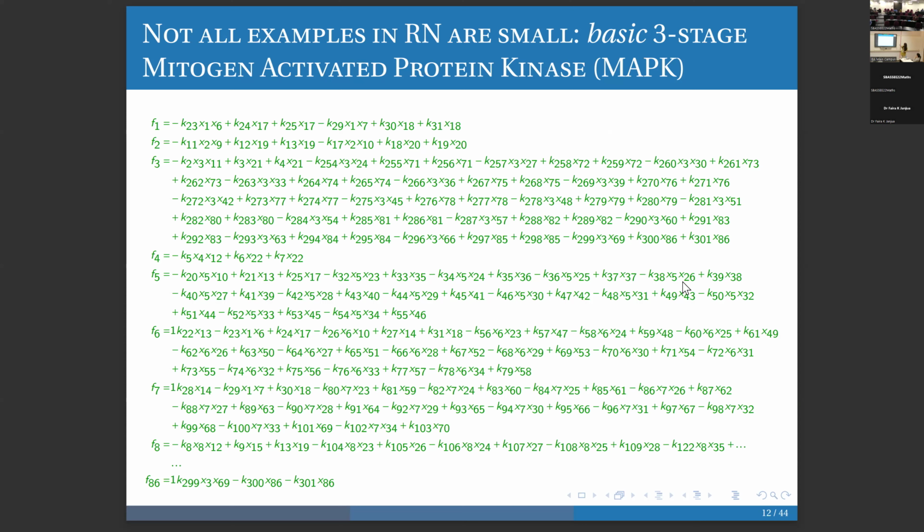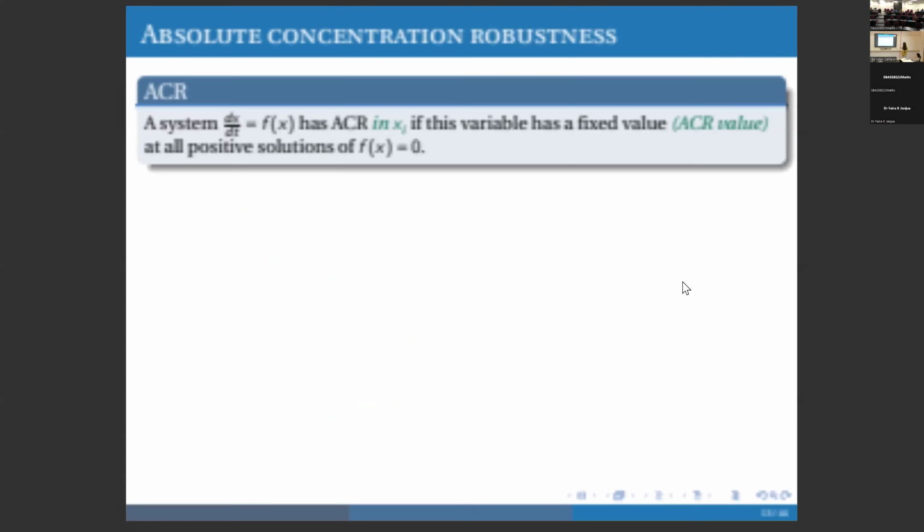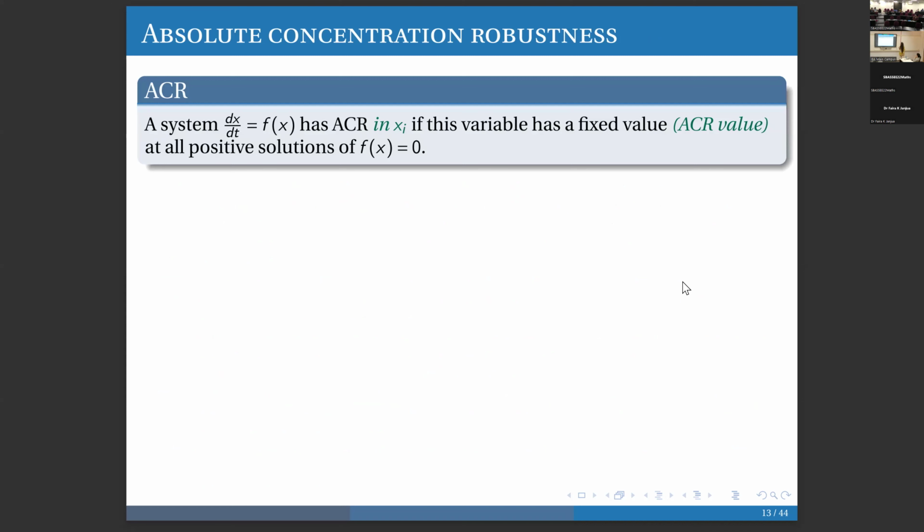And this one has 86 variables, so 86 species, 301 reactions, so 301 monomials. I only copied a few of them, but you can already see it's very big. So this could be a problem even for computing a Gröbner basis or something. It's, of course, far too difficult. So let's try to understand the property from a different view.